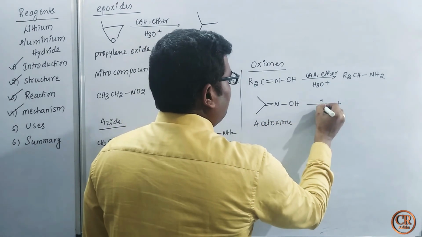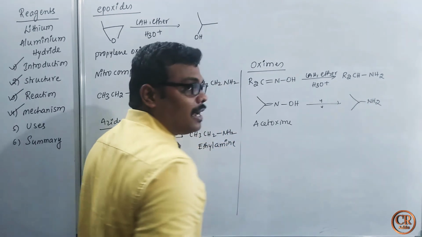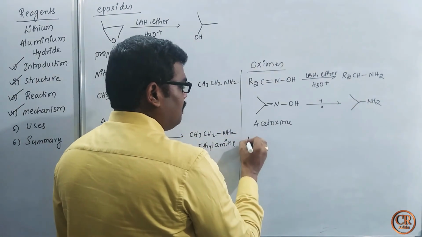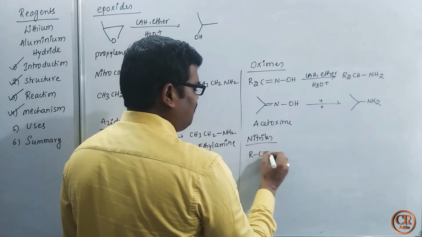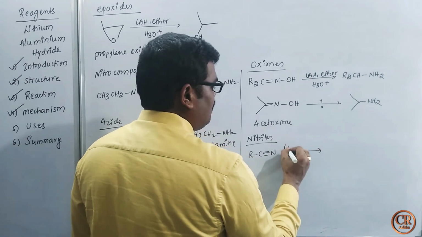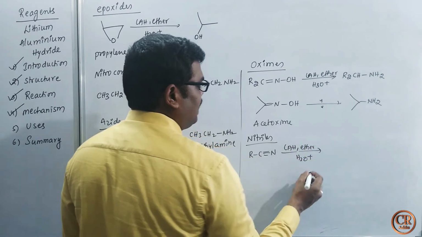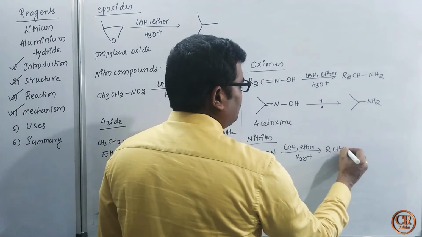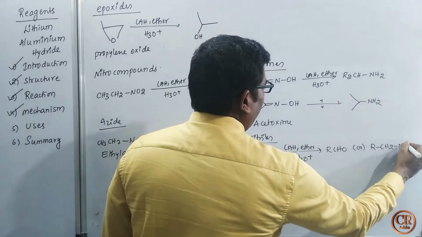Acetoxime reacts with lithium aluminum hydride in ether followed by acid hydrolysis gives isopropyl amine. The next one is nitrile. Nitrile's general formula R C triple bond N. When reacted with lithium aluminum hydride in ether followed by acid hydrolysis gives two types of products. One is aldehyde, another one is amine.